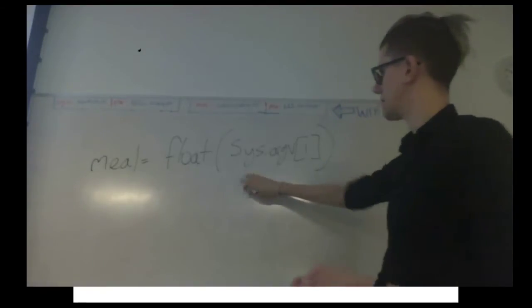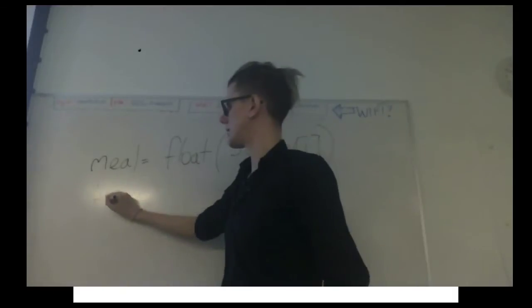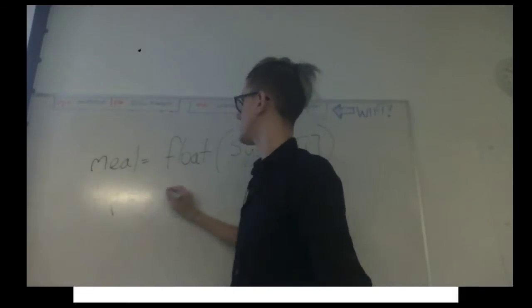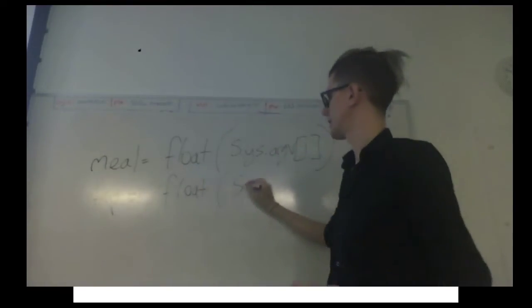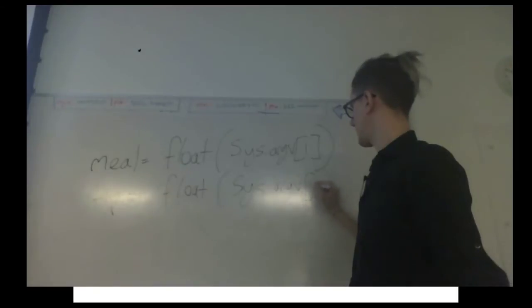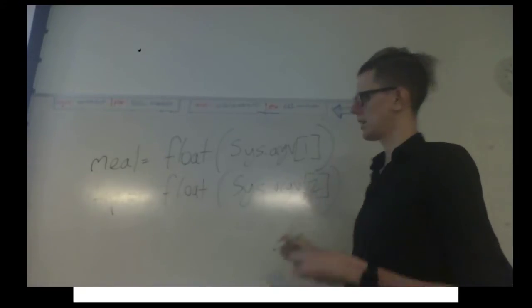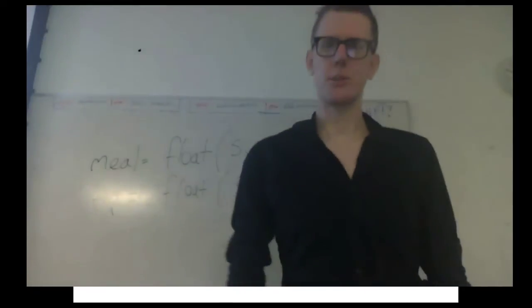And that will convert sys.argv[1] into a float and store it in meal. We need to do the same for tip. Tip is equal to float of sys.argv[2]. So if you make those changes to this code, it should work fine.